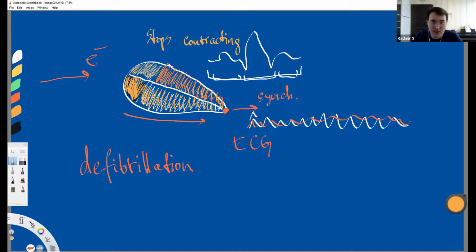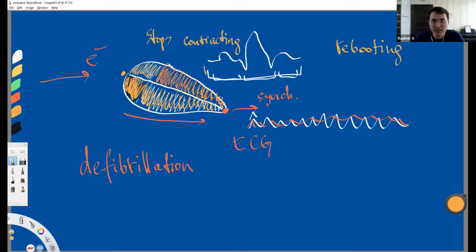And this leads to the restart, or if you think about computer science, the rebooting of the conduction system. So here we have this pacemaker. It restarts and starts sending the rhythmic signals to the heart.